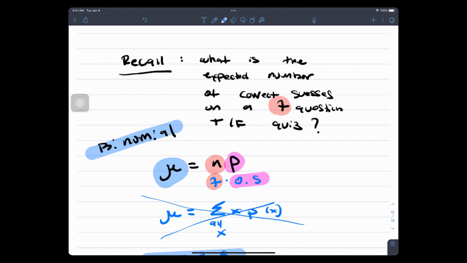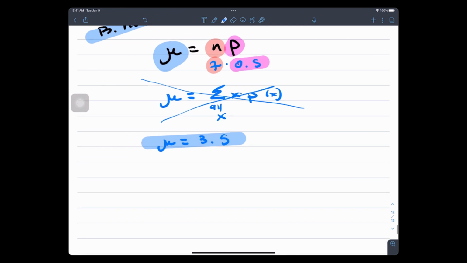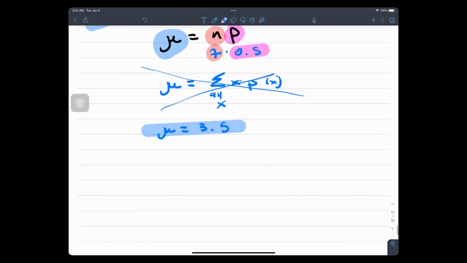Does that make any sense? So what if you took that quiz, you got only 1 question correct? You would have done better if you just what? Guessed. What's the average number of correct guesses in this setting? 3.5. That is deep.